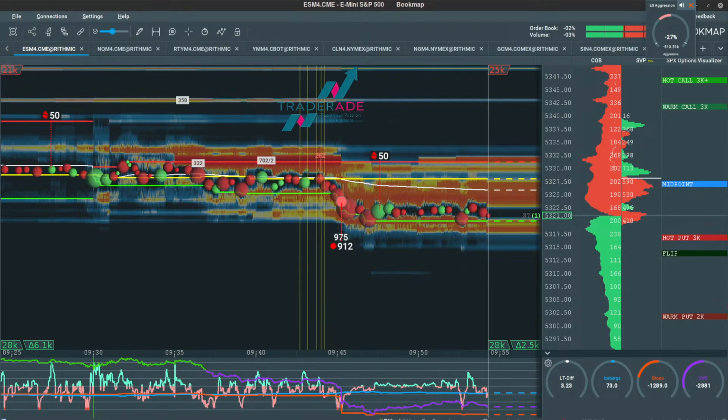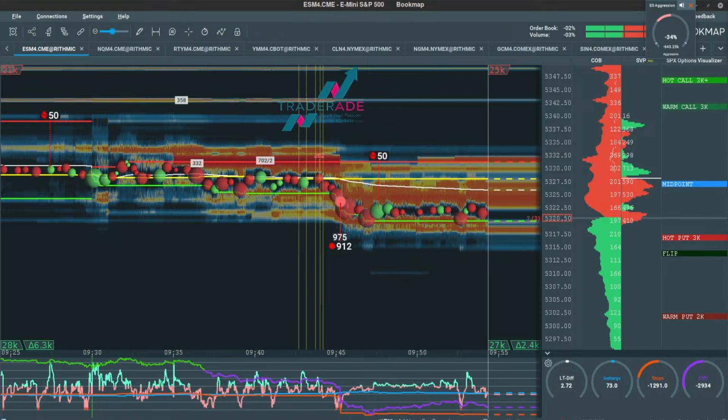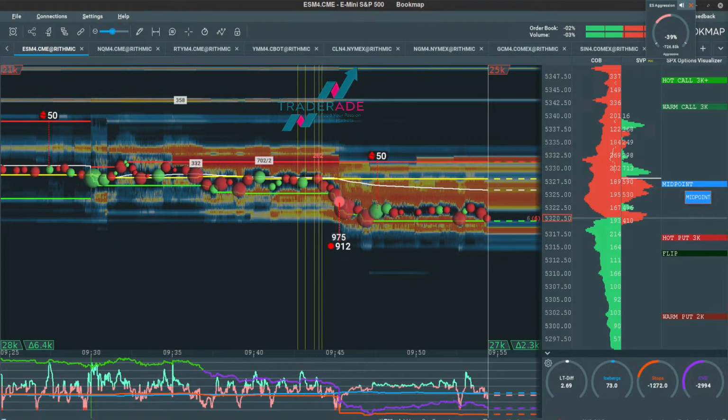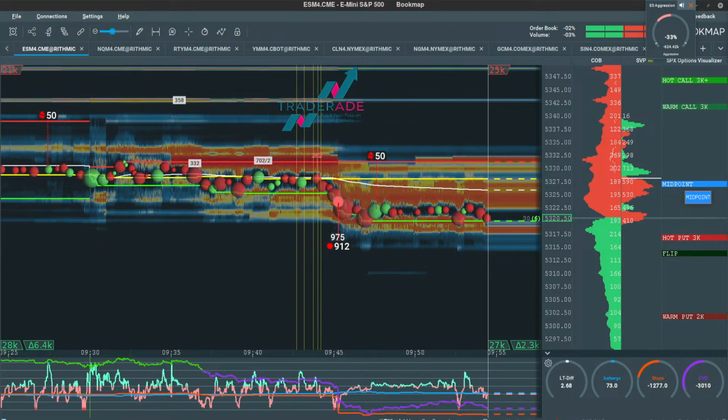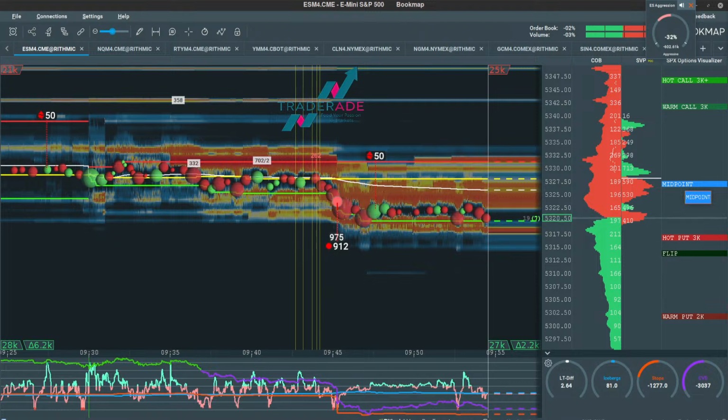And the midpoint is coming on screen here from the advanced SPX options visualizer, because we are in relative balance. So the market's a three-way auction. There's excess supply or selling, downtrend. There's excess demand or buying, an uptrend. And then there's consolidation, or a relatively even distribution of both.